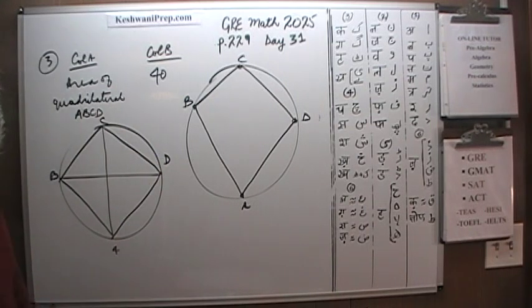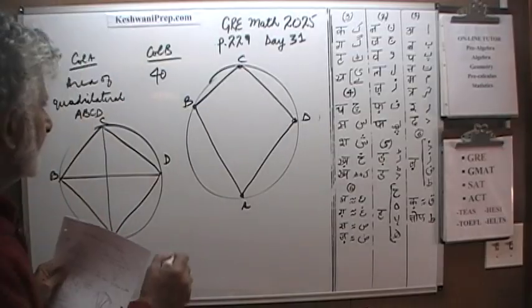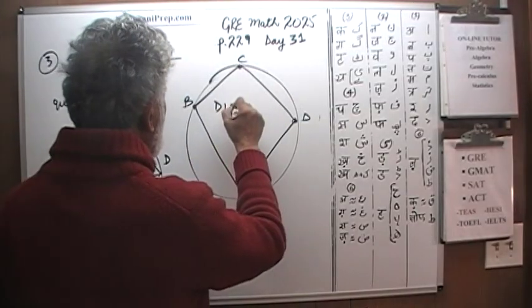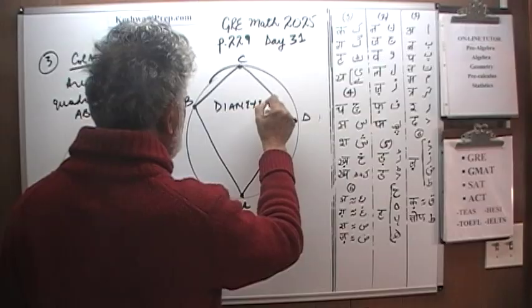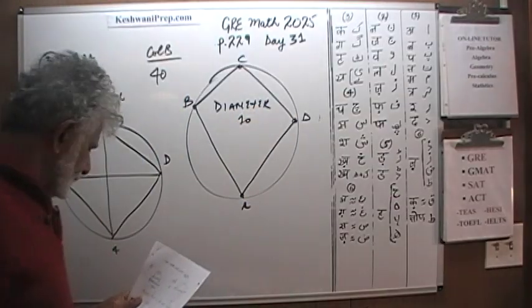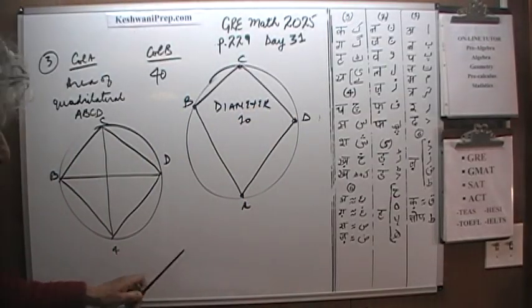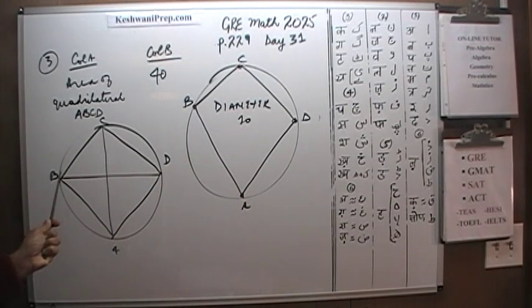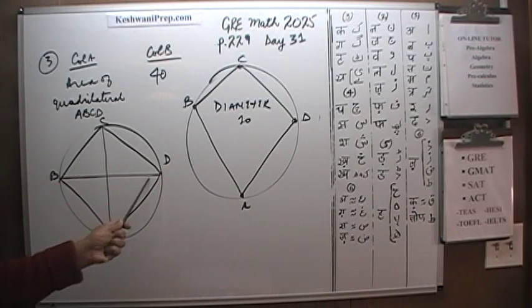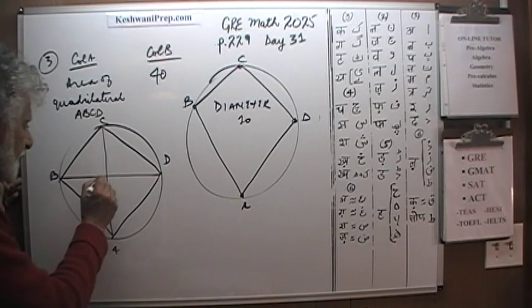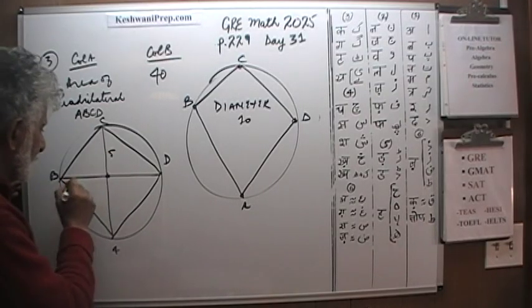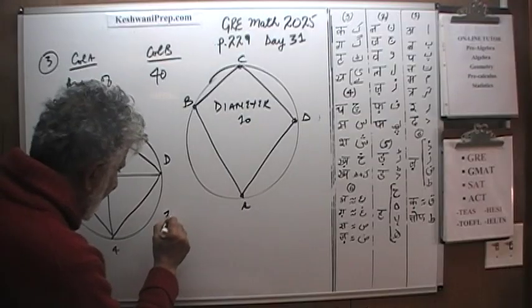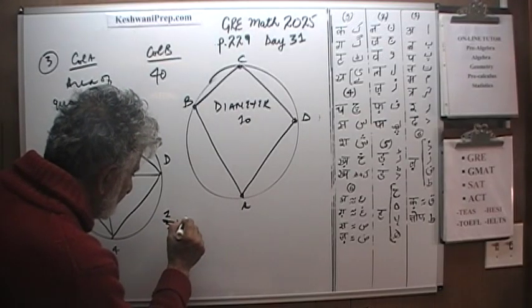Oh, I left out the most important part. We are told that the diameter is 10. This is given to us. This is what they're showing, but in reality it could be this, in which case the diameter is 10, from B to D is 10, and from C to the center here would be 5. So it would be half base times height.